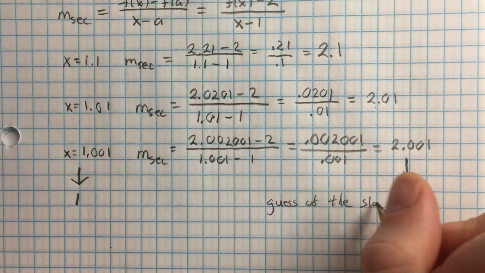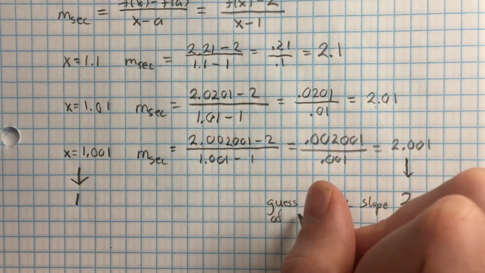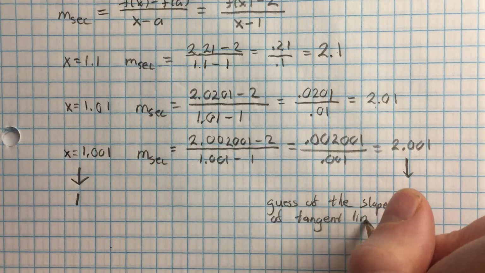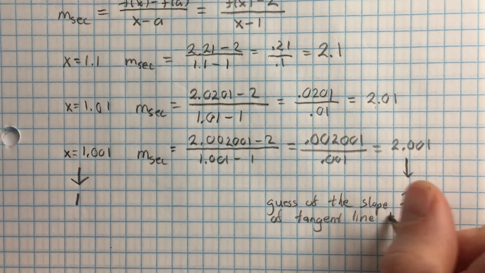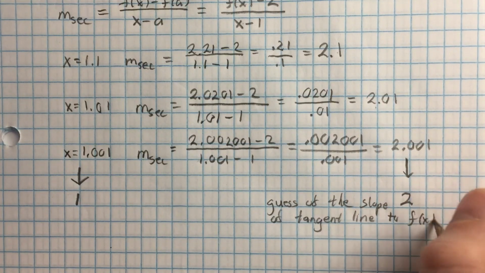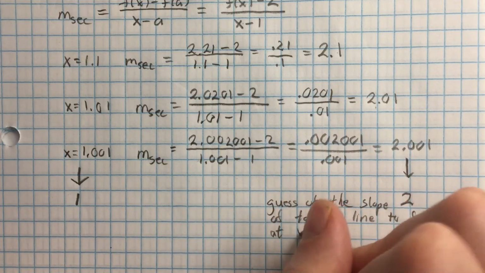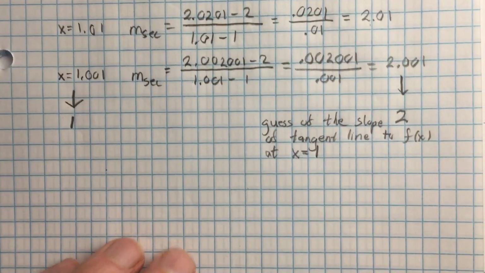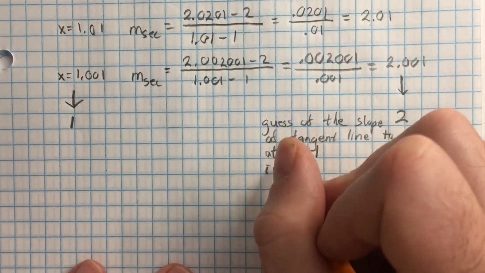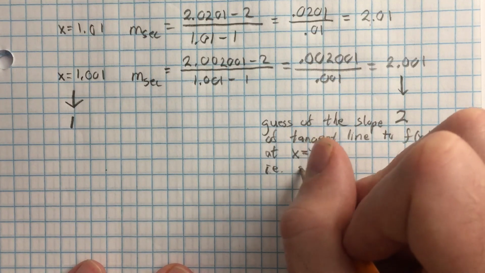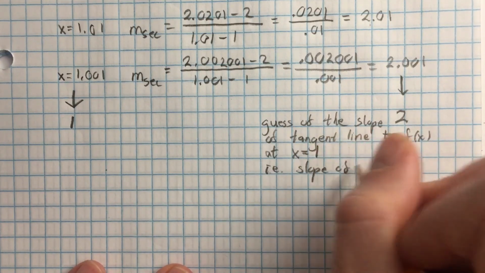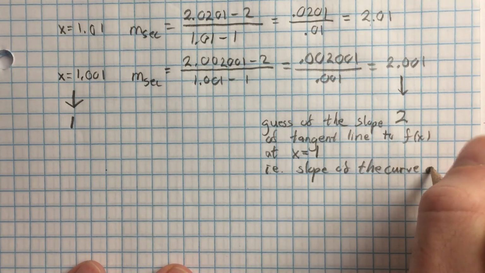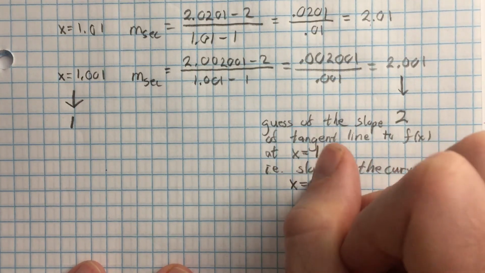Of the slope of the tangent line to f of x at x equals 1. And again, always keep in mind, what does that mean? I.e., the slope of the curve at x equals 1. That's our guess.